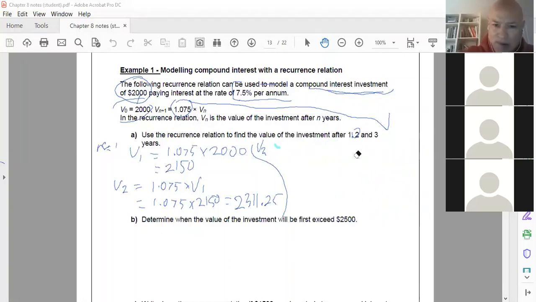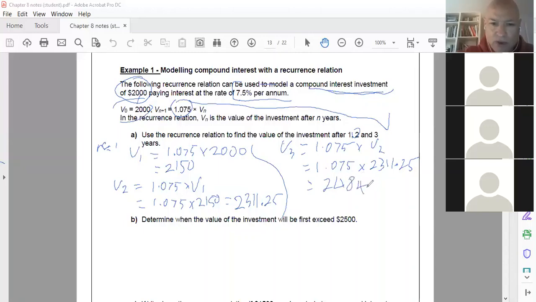V of 3 equals 1.075 times my v of 2, which is 1.075 times 2311.25, and this equals, times on my calculator, 2484.59375. Now, of course, we're talking about money here, so we can't have that many decimal places.